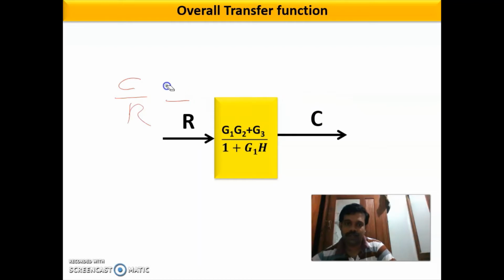The thing is, we first have to analyze the block diagram and check whether it is possible to apply any rule without modification. If it is not possible, then we have to go for modification and find the overall transfer function.